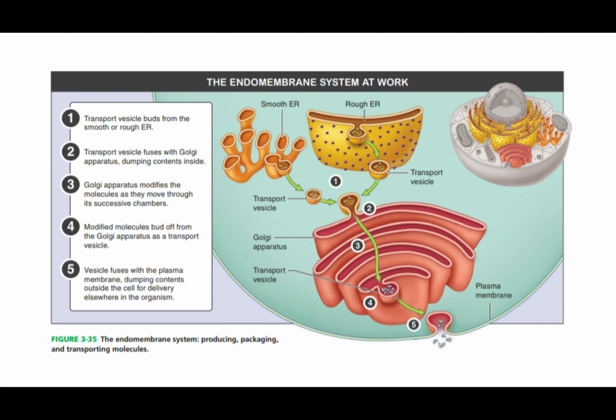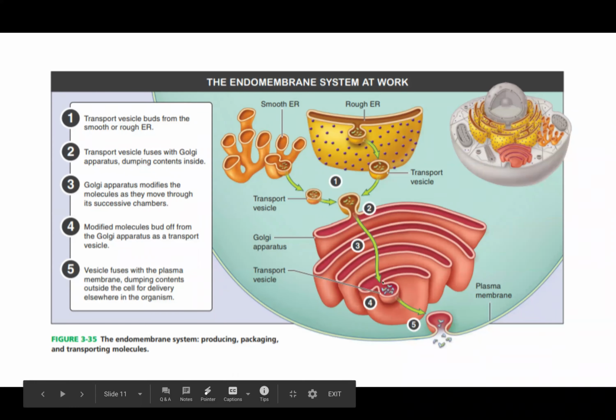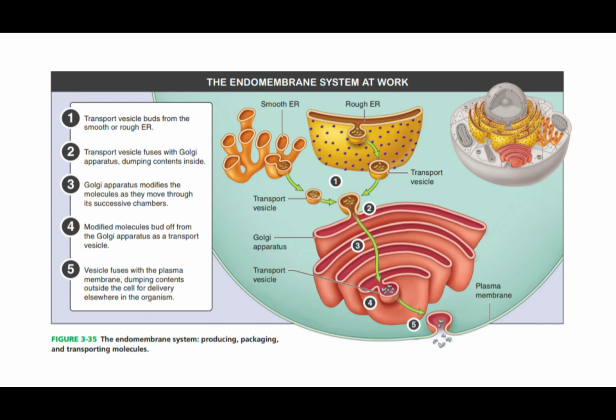Once it leaves the organelle here, it hops back on the cytoskeleton and goes to its destination. But again, it's tagged to say, I'm going to go here. Like, I'm going to go back to the nucleus. I'm going to go to the mitochondria. I'm going to go to the lysosome. Or I'm going to go to the outer membrane. But again, it's all packaged in these little things. Nothing is hanging out in the open here. Everything is always packaged inside of a little membrane.